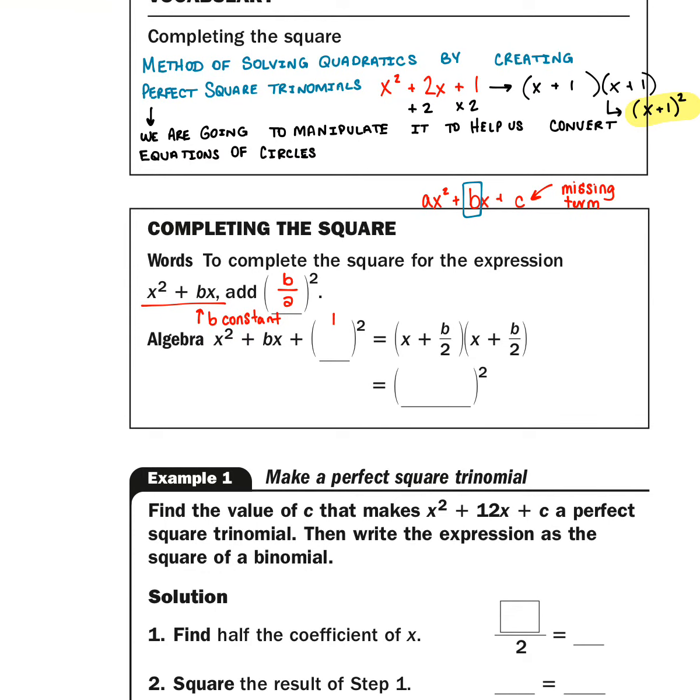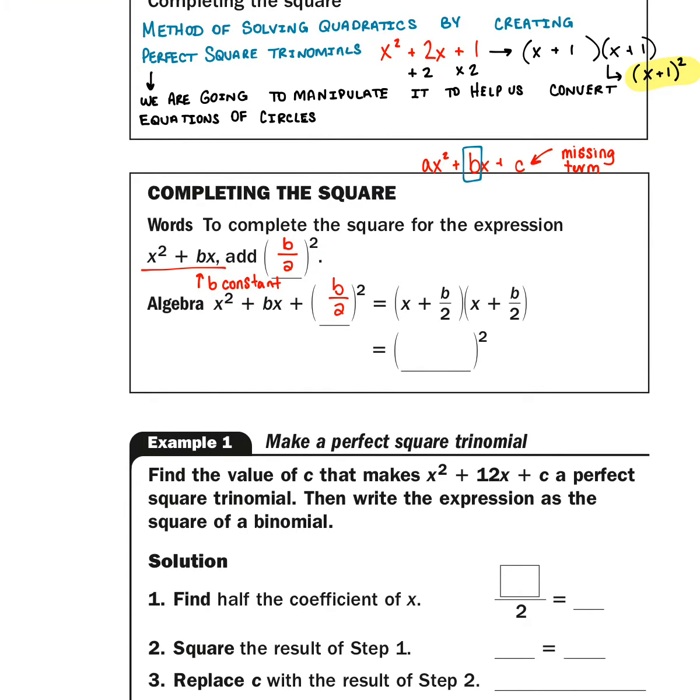So when I look at it, b over 2 squared factors down into x plus b over 2, x plus b over 2, and that just becomes x plus b over 2 squared. Now you're like, what, coach, what's happening? I don't understand what's going down. I want you guys to know that the number here will always be the second number of our binomial. Whatever b over 2 is will always be the second number of our binomial.